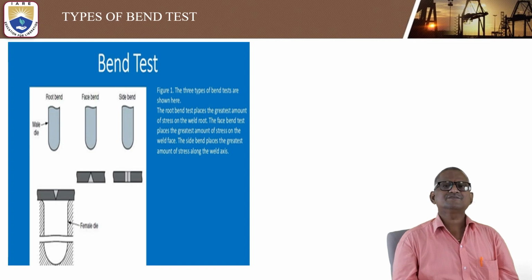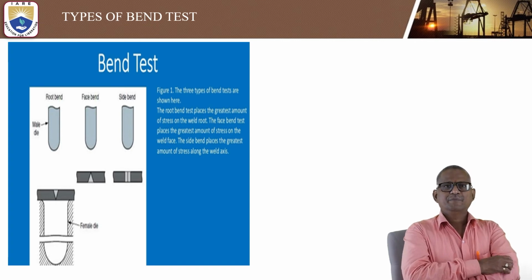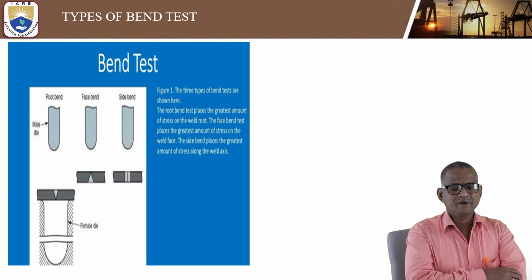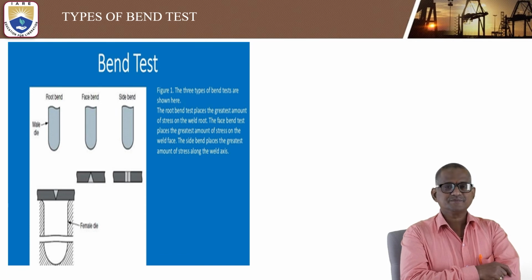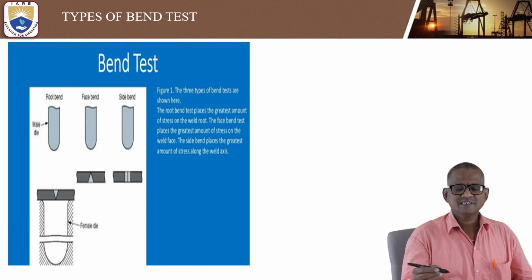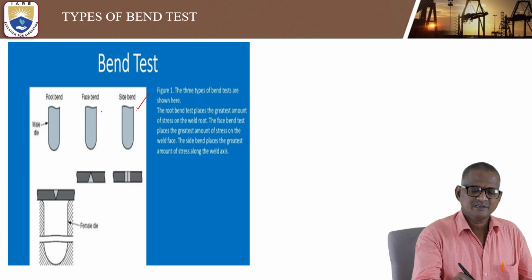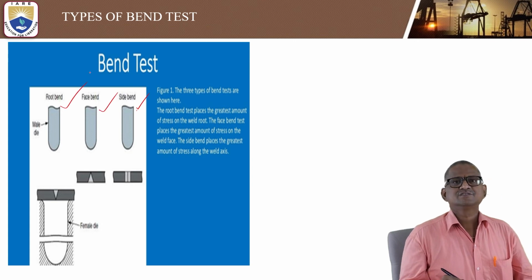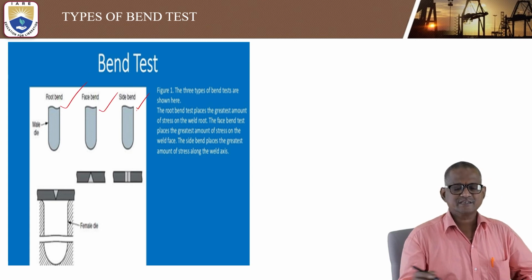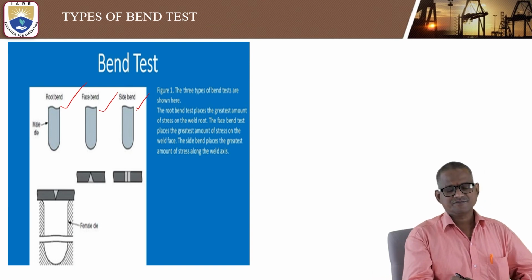These are the three different types of bend test. One is root bend, the second is face bend, and the third is side bend. Depending upon the die, this is the male die and this is the female die.